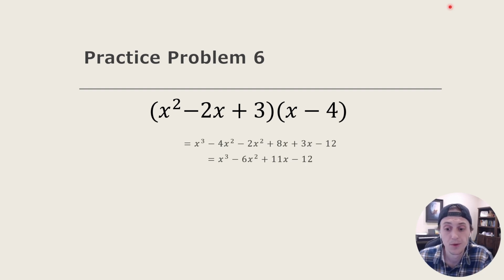By the way, one really good way to check your work is to note the number of terms in your expression before you simplify. So what I'm talking about is right here, this part right here, where I took this thing times this, this times this, this times this, like each thing. You should have however many terms there are here, which is 3, times the number of terms here, which is 2. 3 times 2 is 6.